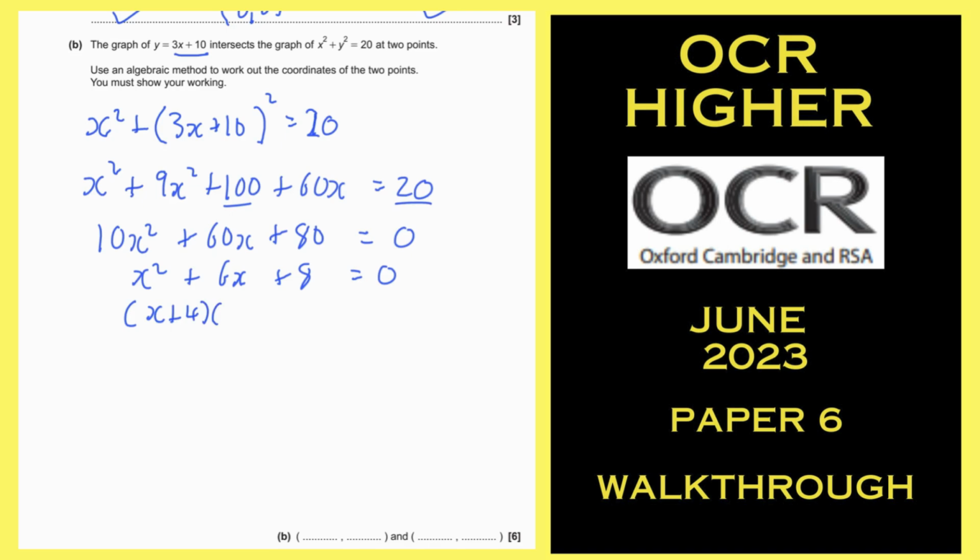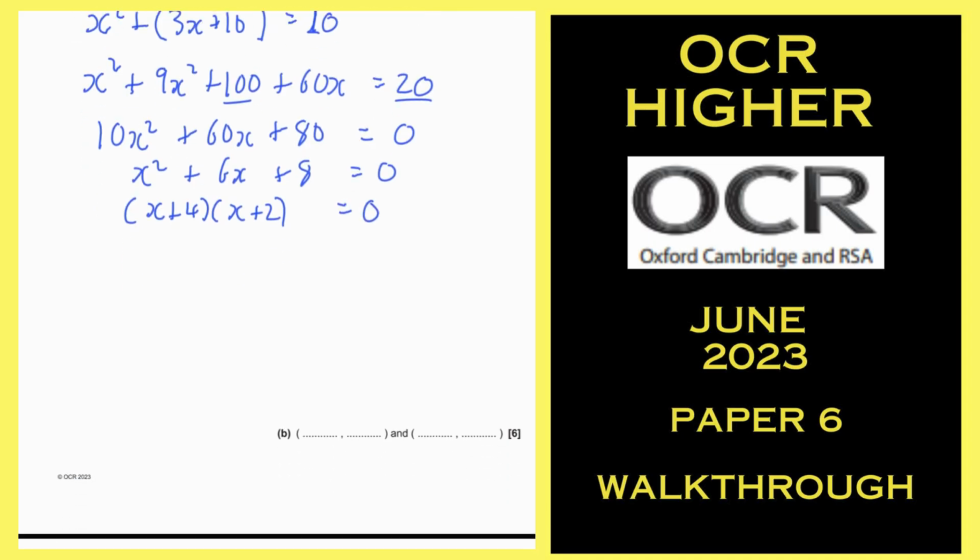X plus 4, x plus 2, meaning your two x ordinates are -4 and -2. You just need to work out the corresponding y ordinates. As we know, y was equal to 3 times x and then plus 10.